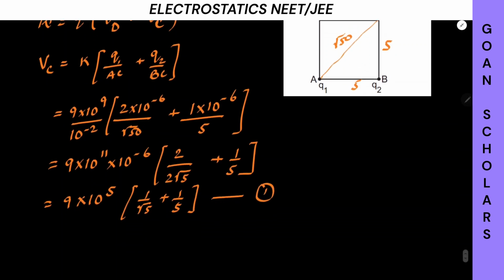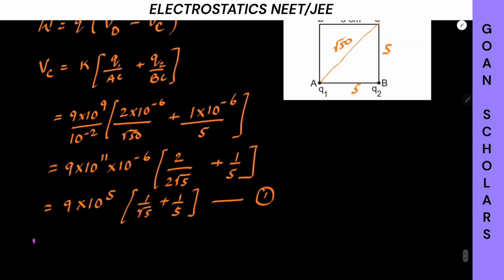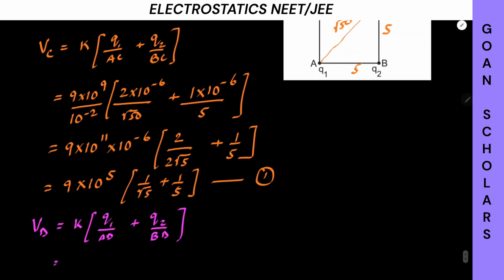Let's find VD, potential at D, okay, due to both the charges. That will be K Q1 upon, what's the separation? AD. AD will be 5, so Q1 upon AD plus Q2 upon BD, correct? So let's put here K is 9 into 10 to the power 9, and Q1, what's Q1?